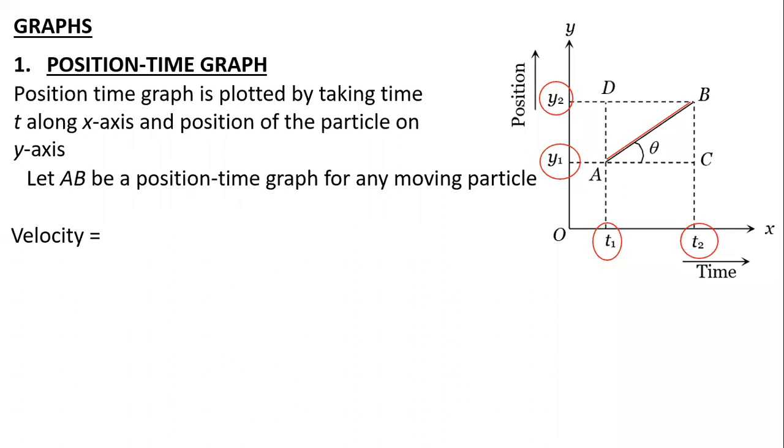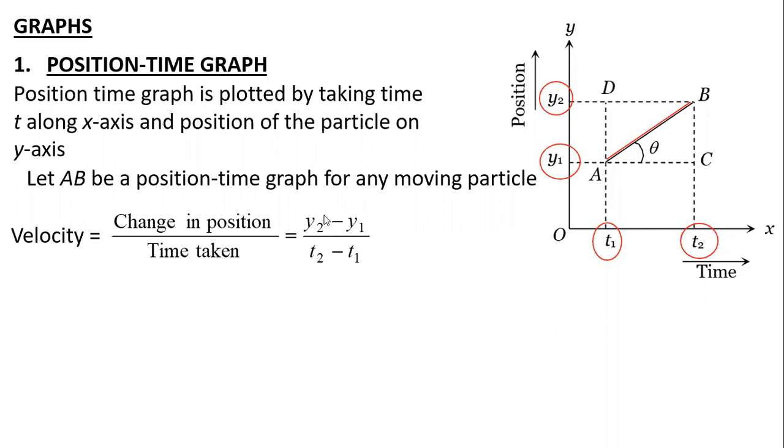Velocity is defined as displacement upon time. Displacement is the change in position with respect to the change in the given time interval. So I can directly say it will be y2 minus y1, because that is your change in position, and t2 minus t1 is the change in time. So velocity equals change in position by time taken, which is equal to y2 minus y1 by t2 minus t1.